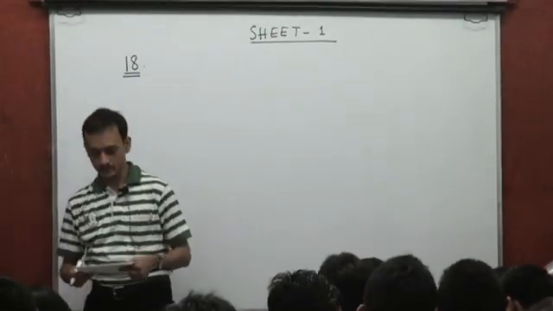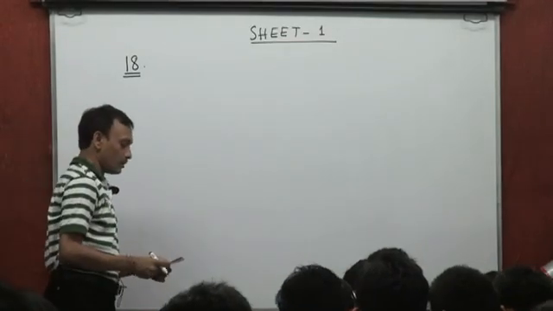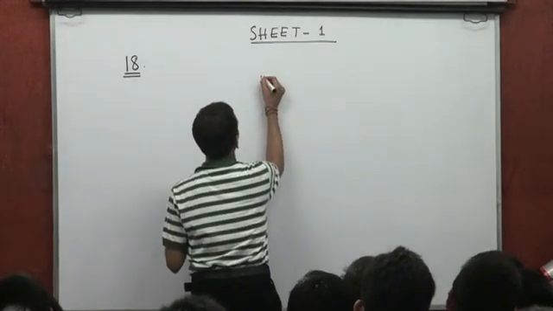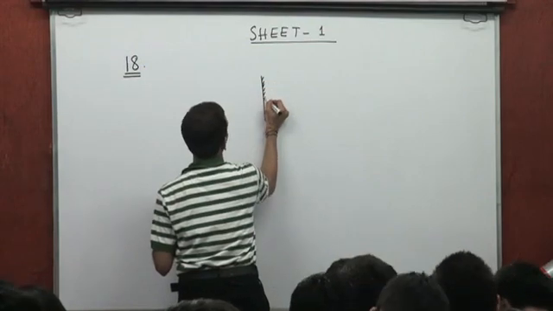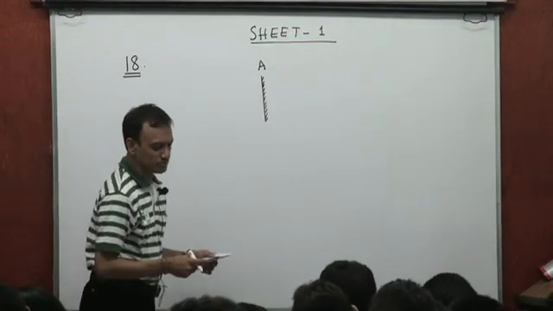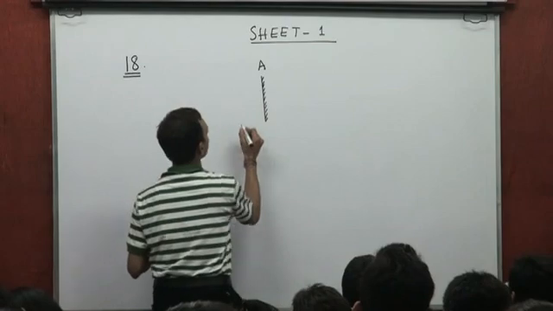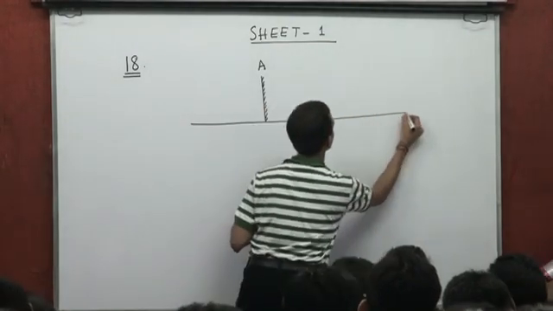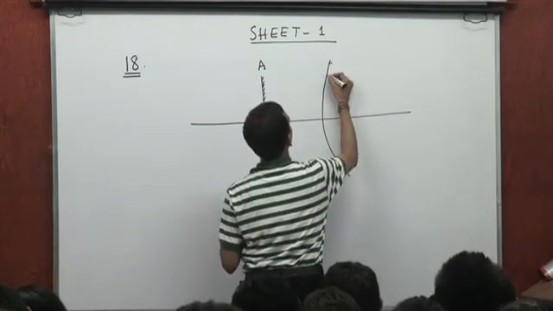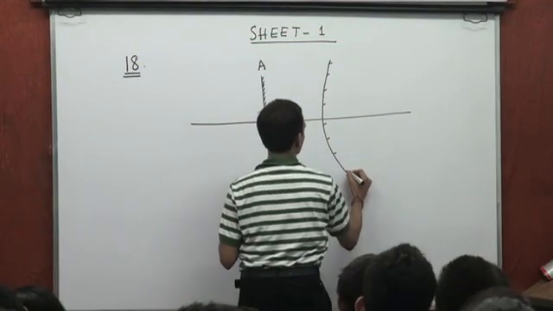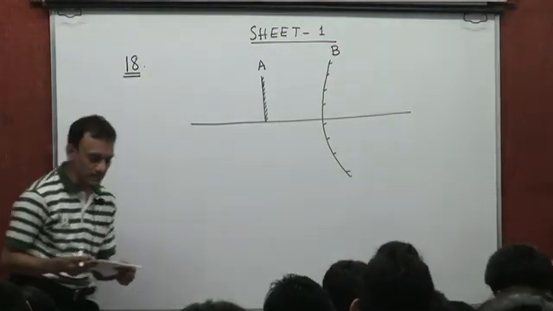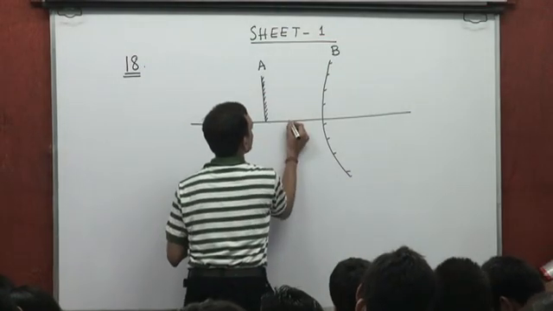Let's set it up then. We have a small strip of a plane mirror A, set with its plane normal to the principal axis of a convex mirror B, and placed 15 centimeters in front of B, which it partially covers.